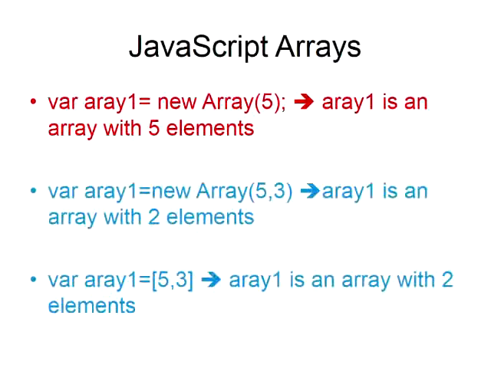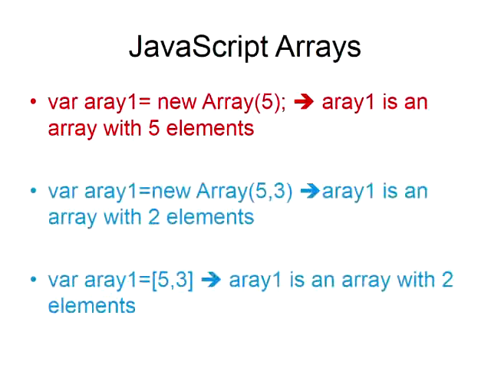So if we write, for example, var array1 equal new Array(5), array1 is an array with 5 elements. But if we write var array1 equal new Array(5, 3), array1 will be an array with 2 elements.